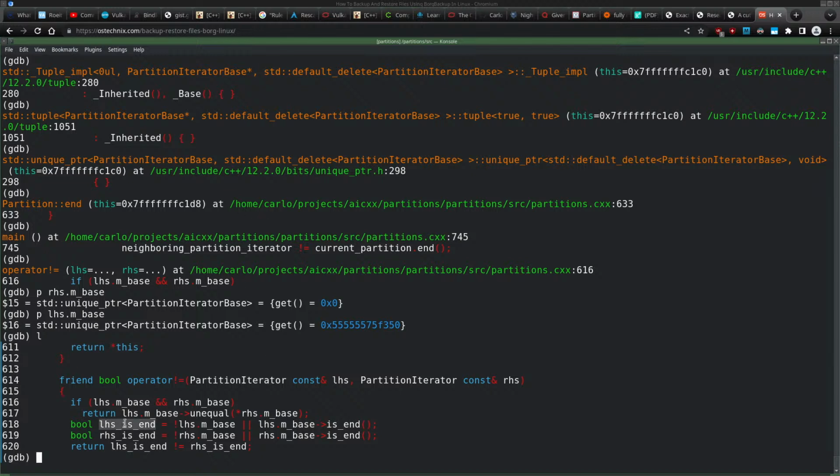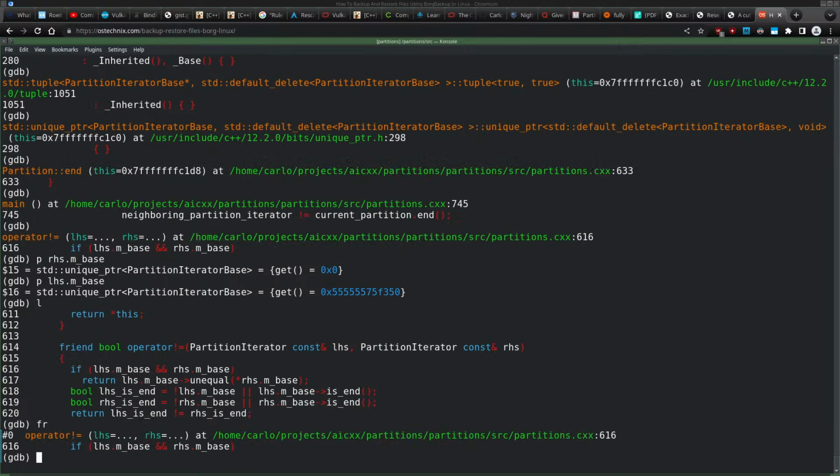So apparently this is going to return false. Well, base was set, so this is false. And then if that becomes false, apparently this is going to return false, while it should return true, because the to group is undefined. So I want to step into the isEnd.